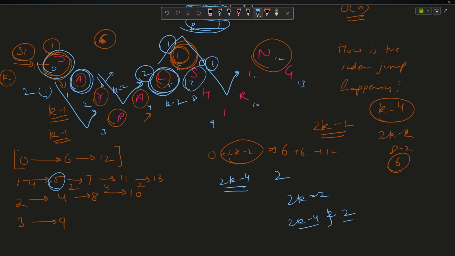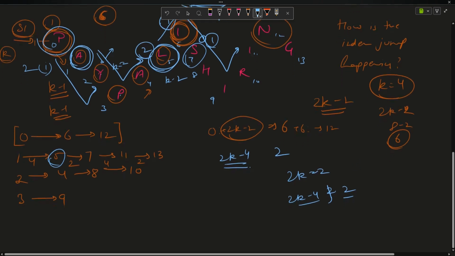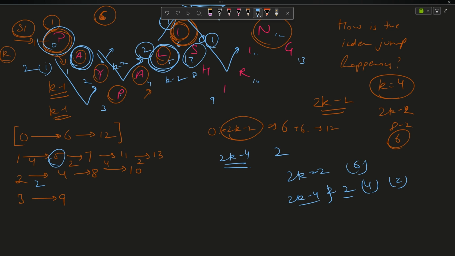In the third example, 2k minus 2 is 6 and 2k minus 4 is 4, and 2 actually, right? In the third row, you can see 2, then 4, then 2. This is evidently an AP, because the number of steps drops by 2 as I move downwards to another row.